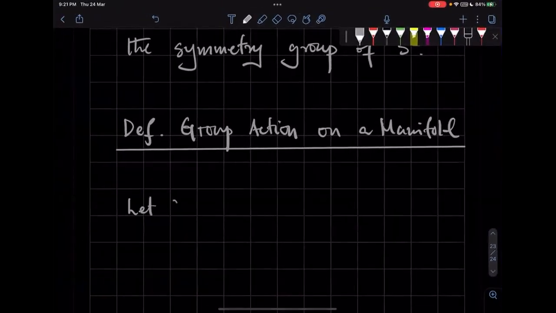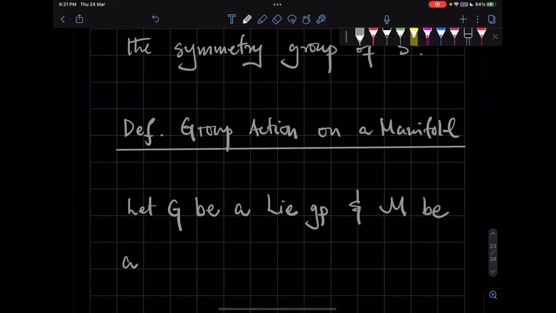So let G be a Lie group, and let M be a manifold.